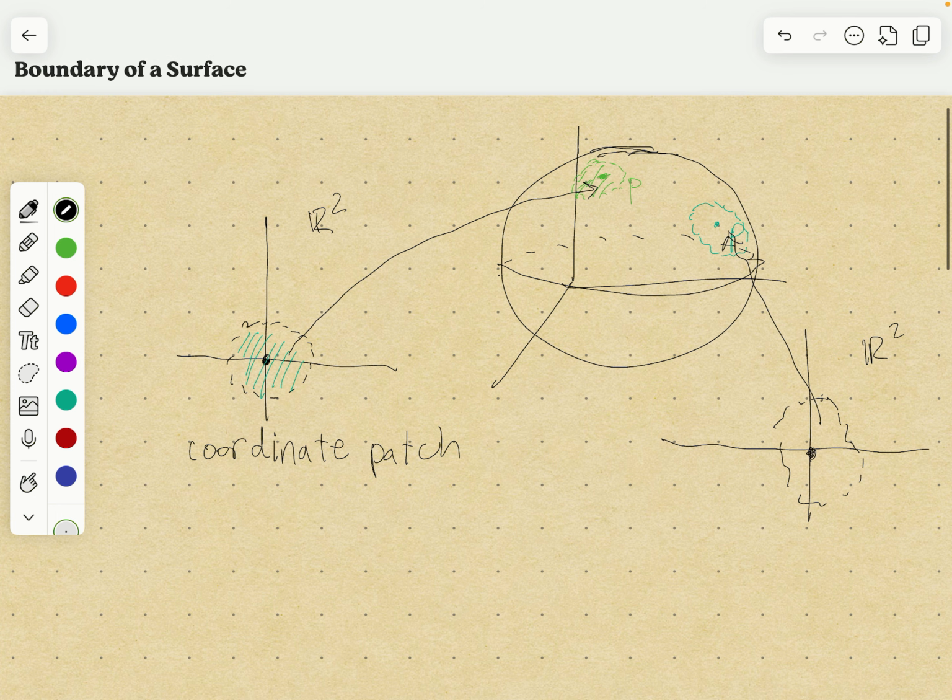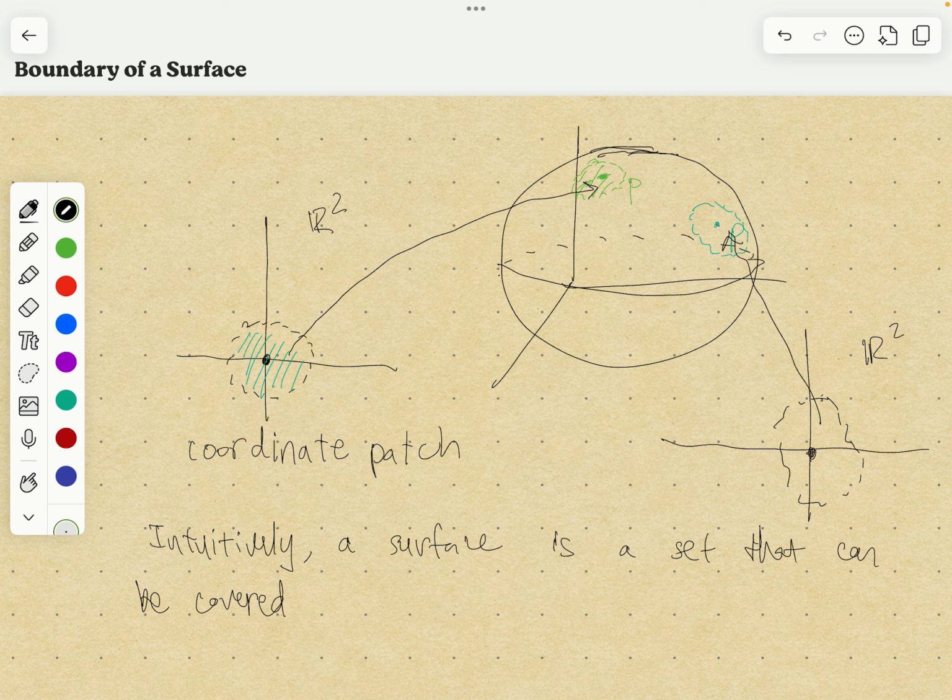So the idea, intuitively, is that a surface is a set that can be covered by coordinate patches in R2.